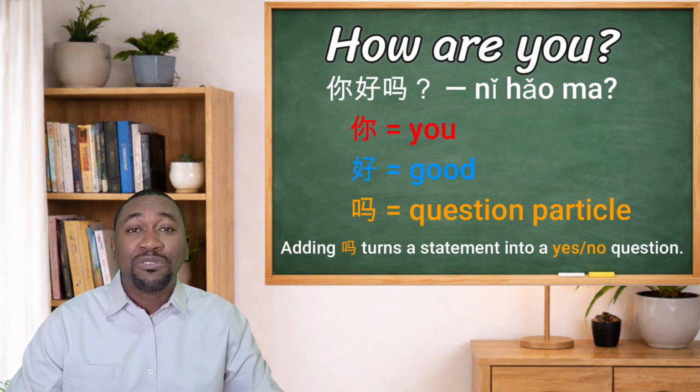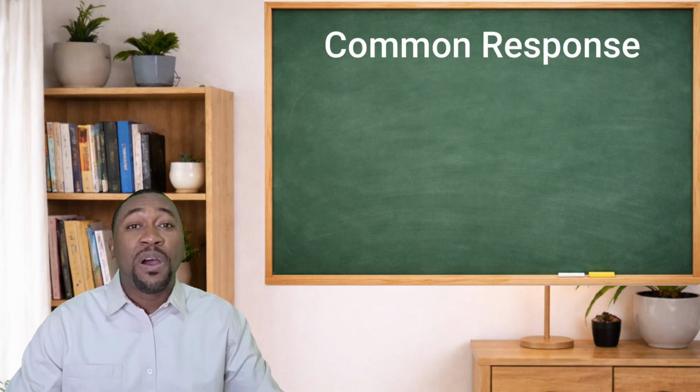Adding ma to a statement turns it into a yes or no question. So literally, 你好吗 is asking, are you good? And then naturally the answer would either be yes, I'm good, or no, I'm not. However, when someone asks 你好吗, the response is normally in the positive.